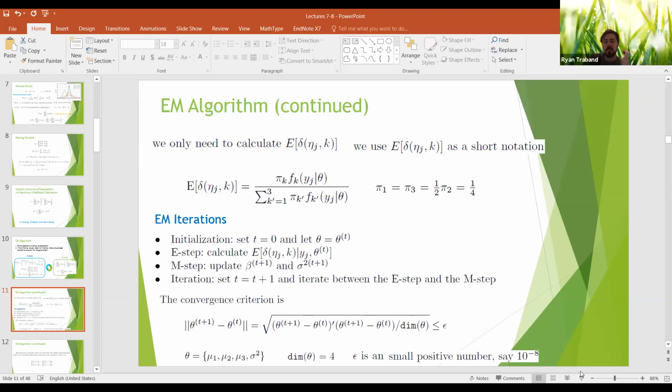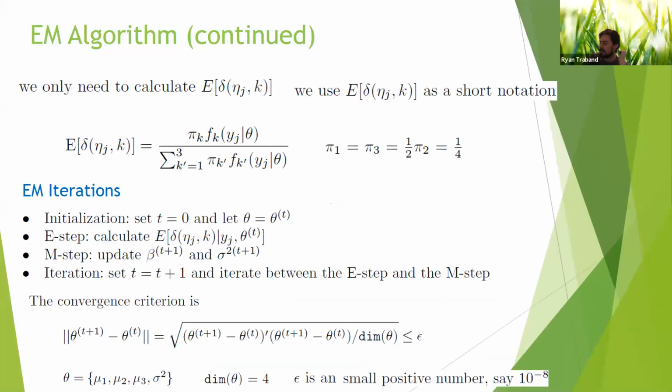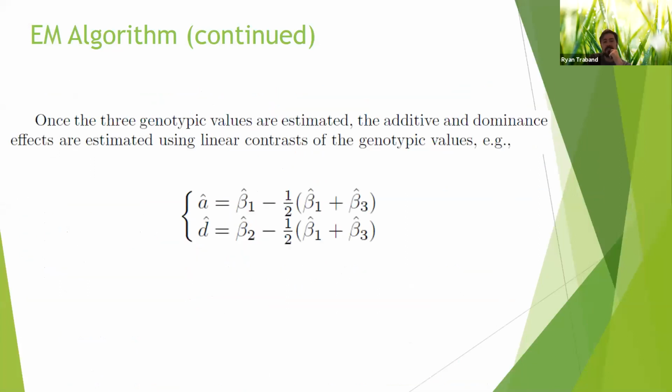Why are we going through the entire, not only the derivation, but also the proof of this algorithm? Okay, so first, that proof is not required for you, just for your information, because it's very complicated. The proof is to show, first, if this is a complete data problem, we can easily get the MLE, right? So that's the best answer.